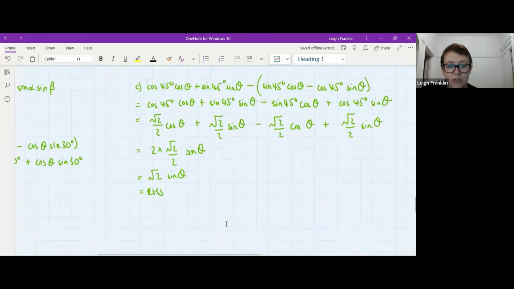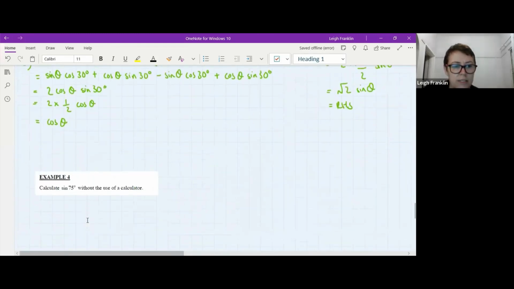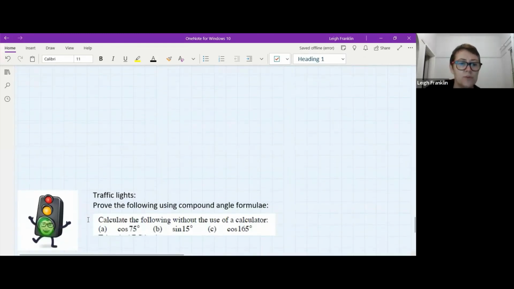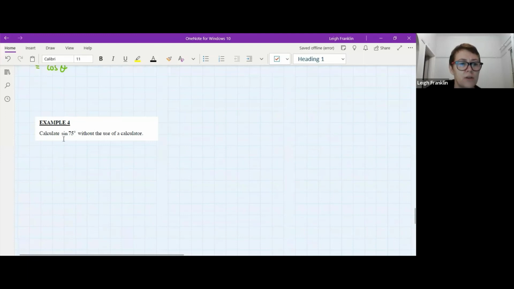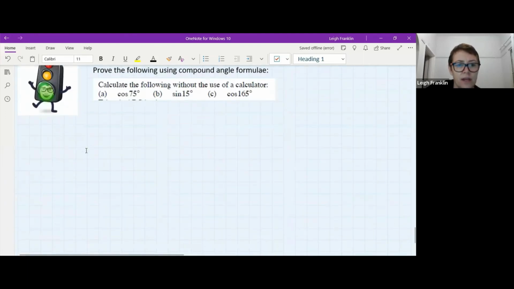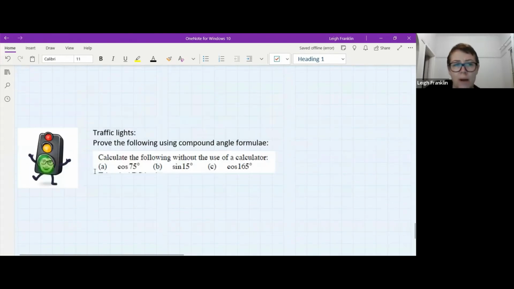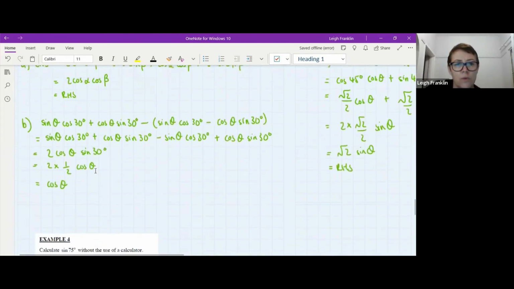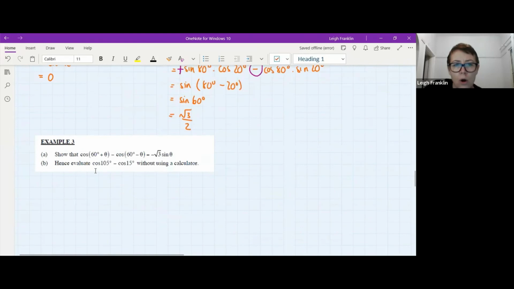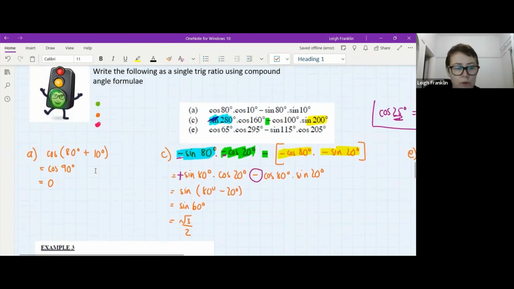These are important, especially later on when we start doing solutions to identities. And then the other thing that we were supposed to do this lesson as well was calculate the sine of 75 using a calculator. So if you want to try those questions there, these are also made from compound angles, then we can do so. All right, so I just wanted to show that in the video so that you were able to come back to these if you wanted.